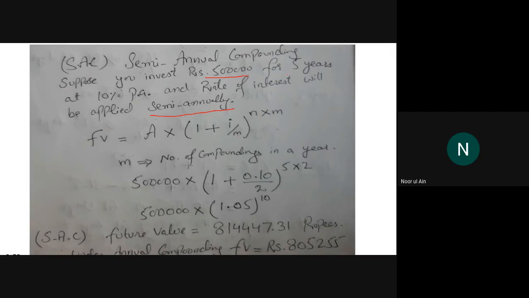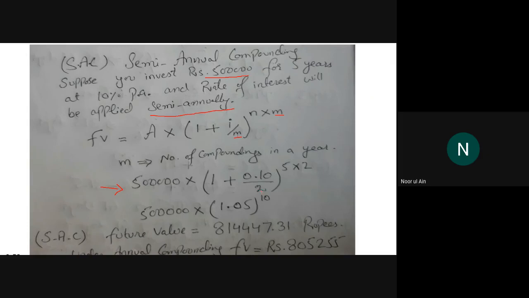n is again the same. It's the number of years which is given in the question. It's 5 years, and m will be 2 for semi-annual. You can see it here. I've inserted all the values in this formula. Amount is 5 lakh. One is the same as the earlier formula. I've taken 10% in decimal form, 0.10, and I've divided it by 2, which is m for semi-annual compounding.